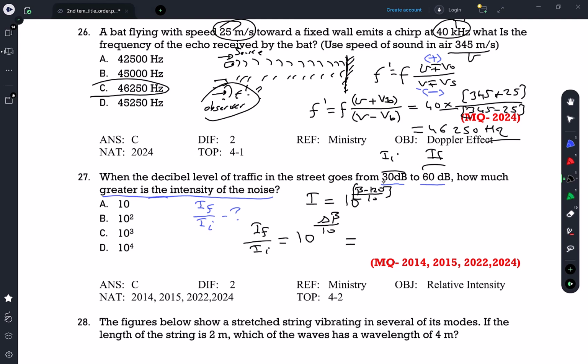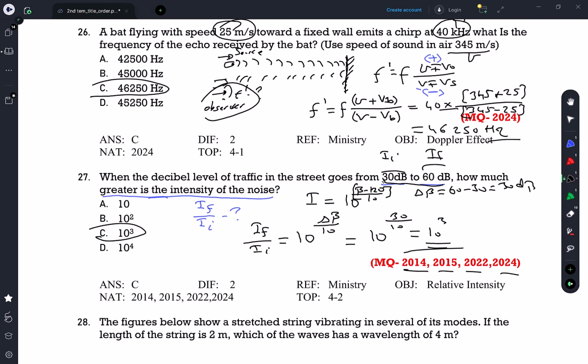Delta beta from 30 to 60 is 60 minus 30, which is 30 decibels. So 30 divided by 10 gives 10 to the power of 3. Or you can calculate I initial and I final one by one, then divide them, and you get the same answer.